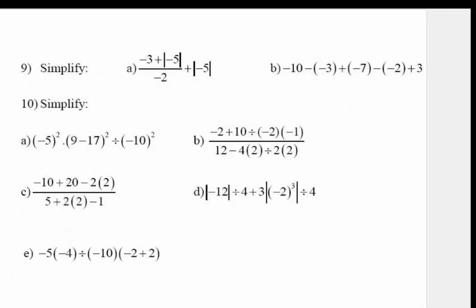Number 9, it says simplify, and we have this expression here: -3 plus absolute value of -5 over -2, and then we have plus absolute value of -5.